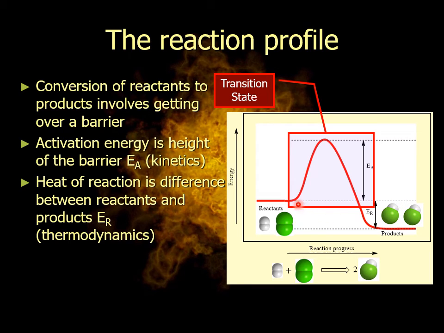But the determining factor in kinetics is the height of this barrier, which has no impact on the overall energy change in the reaction, but has a massive influence on the rate of a reaction. At the very maximum, we call this the transition state, where the reactant molecules are in the process of being turned into products.